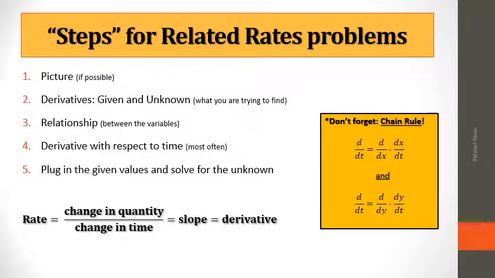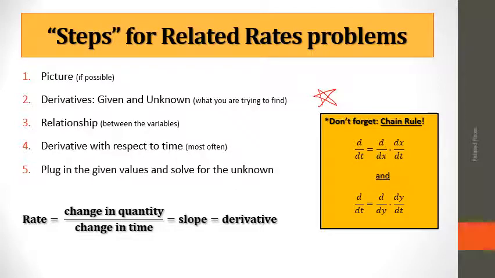And also, next, take the derivative with respect to time most often. Not always will you find the derivative with respect to time, but a lot of times you will. Now, when you're taking the derivative with respect to time, don't forget about the chain rule.